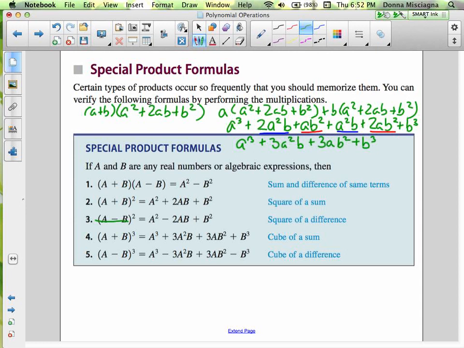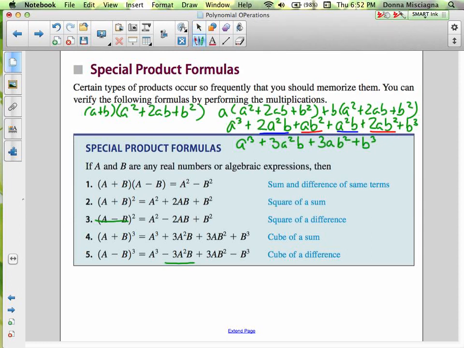By the way, it took a little while to do that one, maybe we'll skip the (a minus b) cubed. It's going to be exactly the same, except we're going to have one negative. Actually, let's just do it, but I'll do a shortcut.